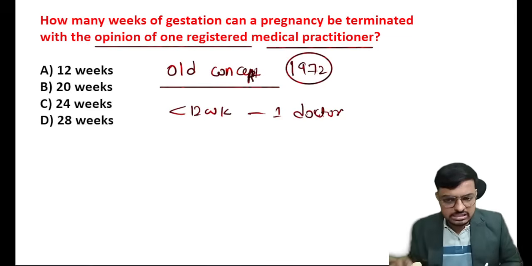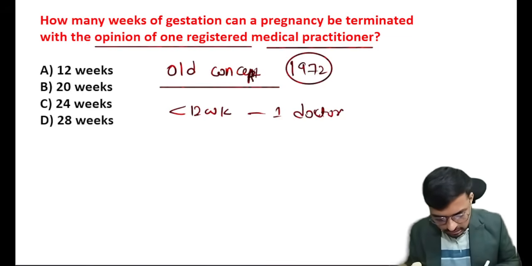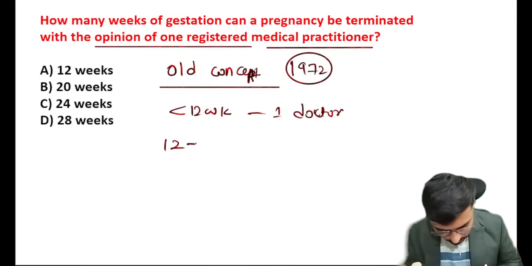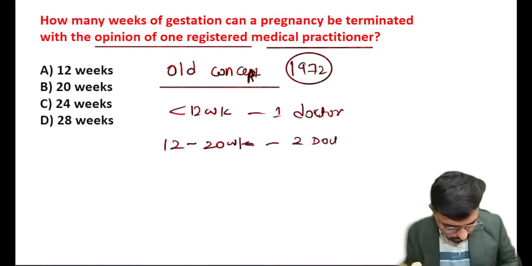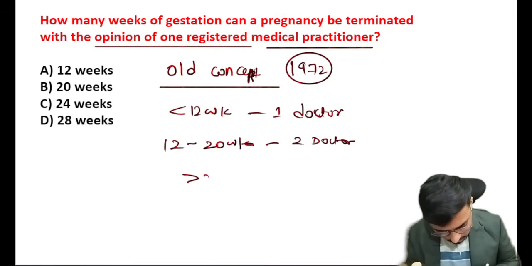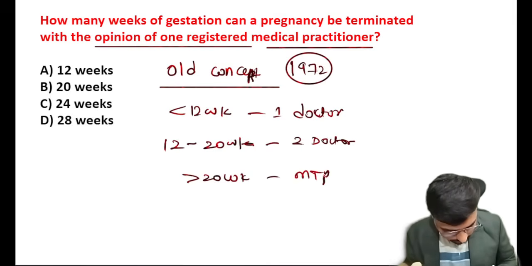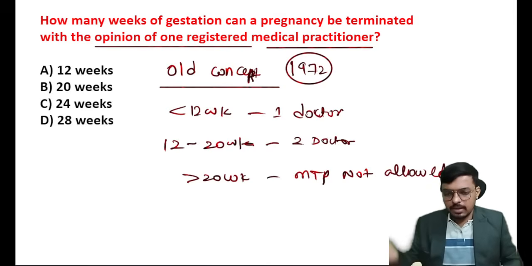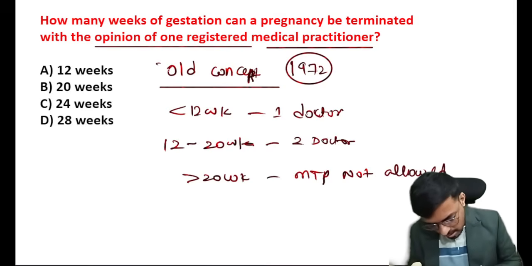If the pregnancy is less than 12 weeks, one doctor's opinion is required. If the pregnancy is between 12 weeks and 20 weeks, two doctors' opinion is required. More than 20 weeks, MTP is not allowed. So this is according to the old MTP Act. Okay, so just vanish it now.